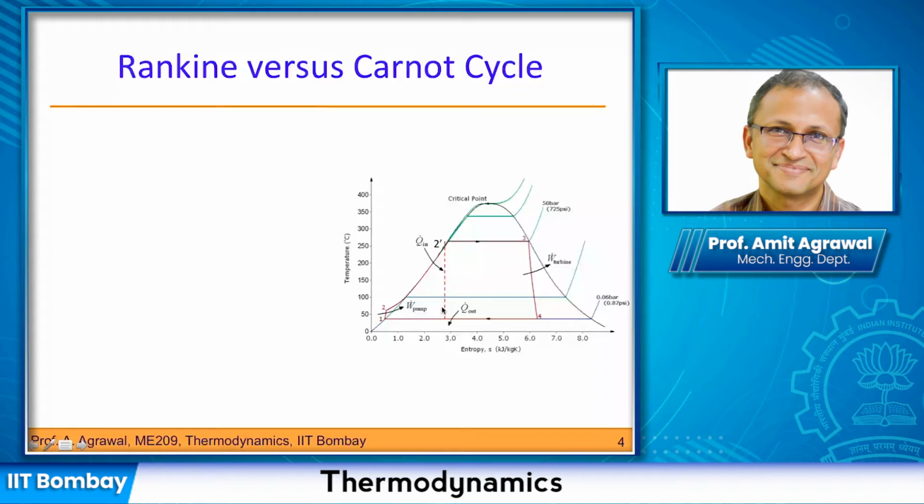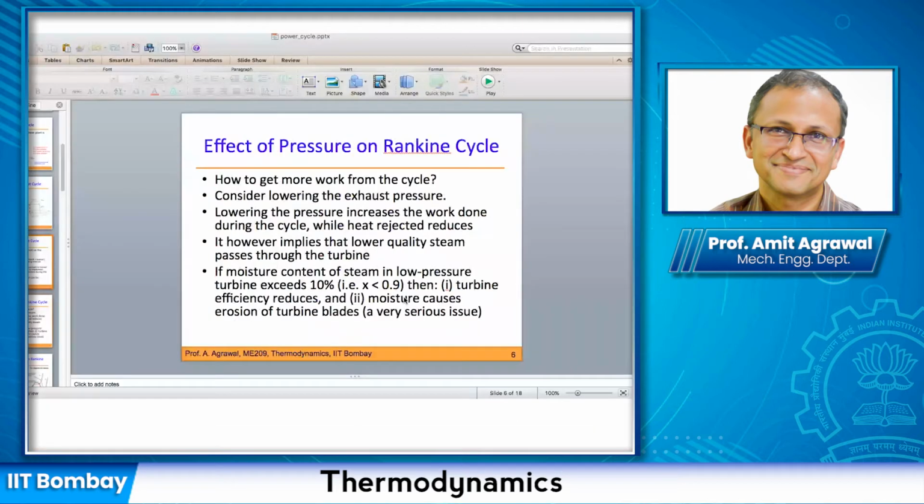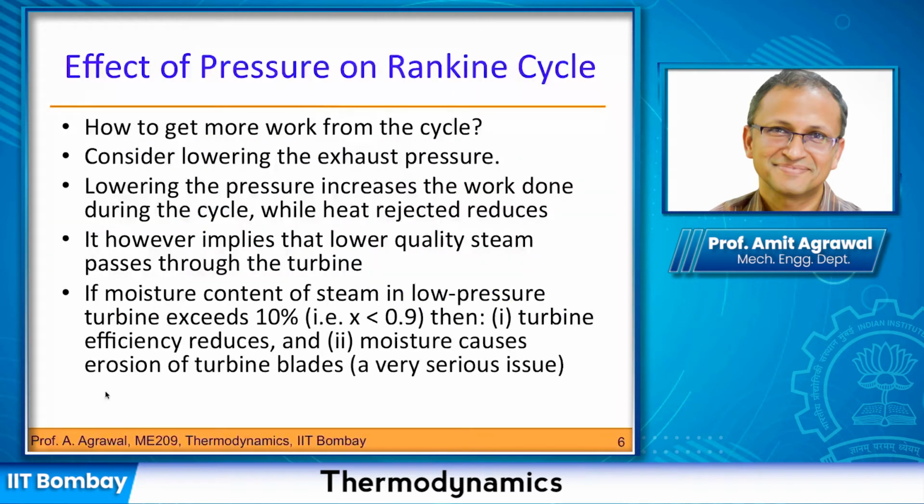So you see that the amount of heat which is rejected, and especially the temperature at which you are rejecting the heat, is now lower, and therefore the efficiency is expected to be slightly better. But the fact that you have to deal with a lower quality mixture, that's where the difficulty lies.